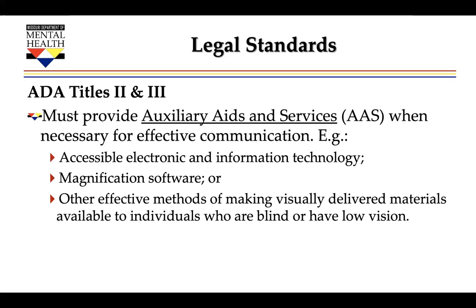Now, one thing that's not specifically mentioned in the ADA regulations in relation to accessible ICT, but it is required by the principles of the ADA, is that we're not just addressing visual accessibility for people who are blind or have low vision. Part of the reason for PDF accessibility and other applications of the WCAG standards is for people who have other types of disabilities.